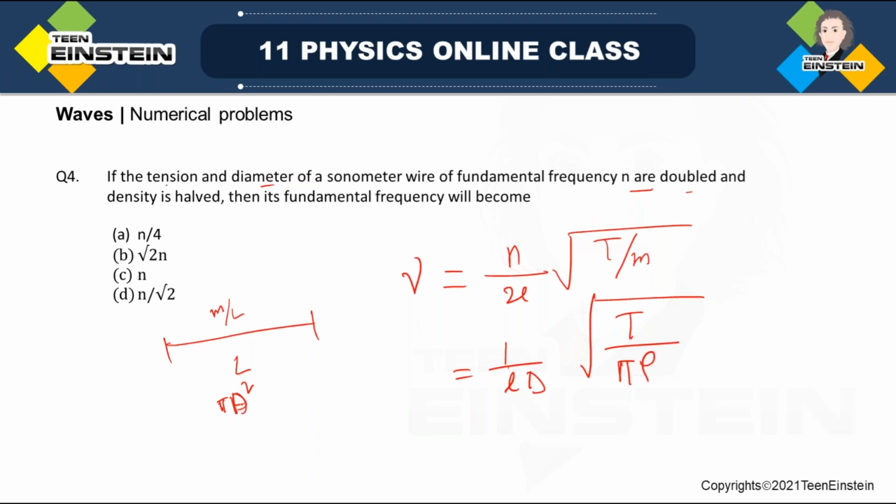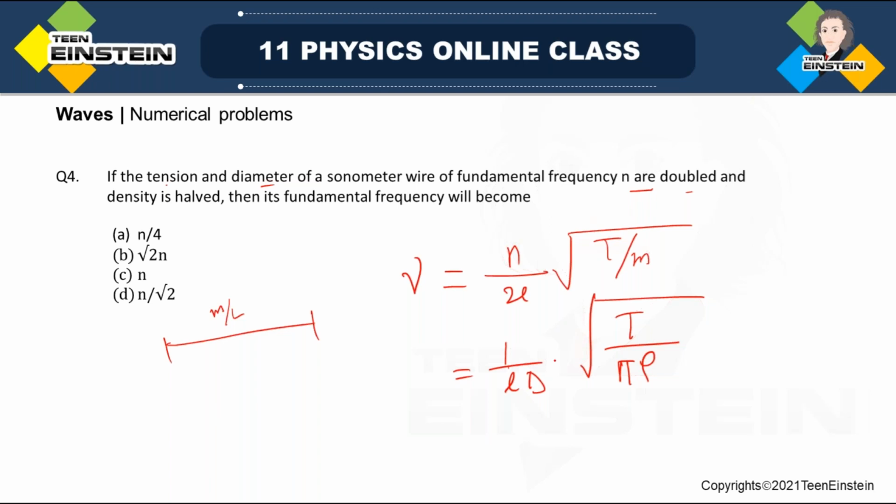So pi d square, that is the area of cross section, into L, total L, will give you the volume. So volume into rho will give you the mass. Like that, you have to find out the mass per unit length.